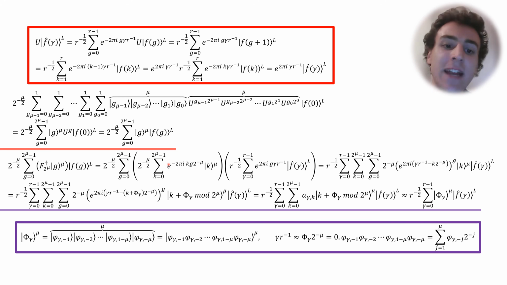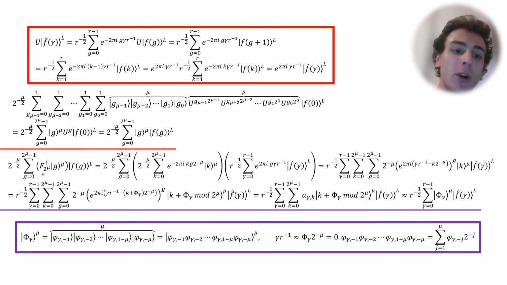Note that we have a negative sign in the complex exponential, because we're dealing with an inverse quantum Fourier transform. And then the labels of these states in the superposition are equal to k. So k shows up in this complex exponential. We've taken that input state g, and we've created this superposition. And now the label is k. So that is what's going on when we apply the inverse quantum Fourier transform.